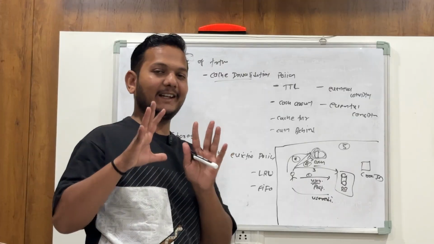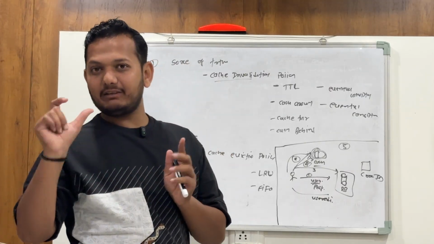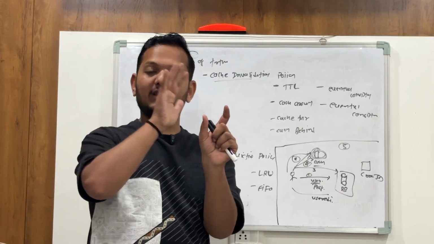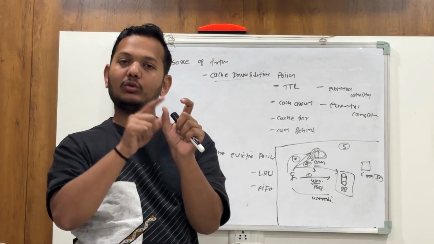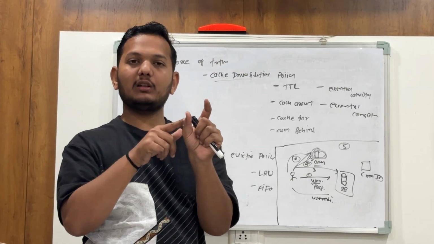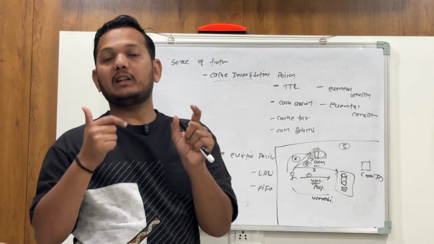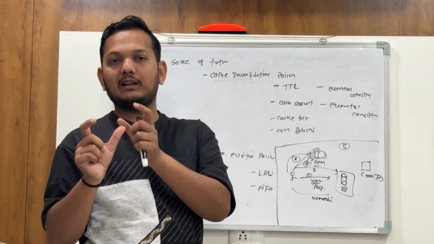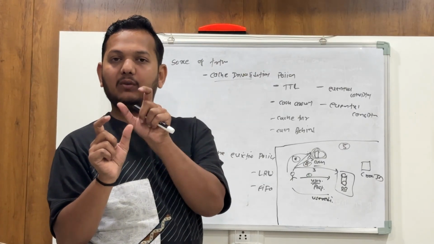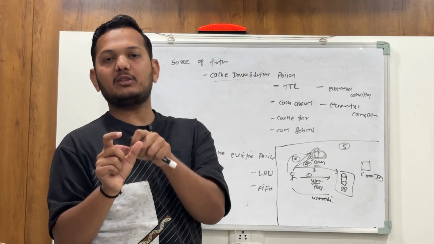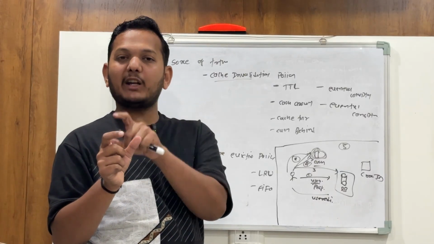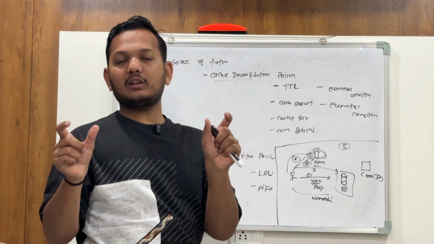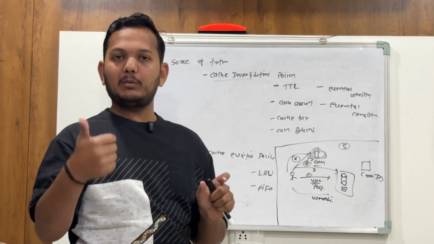Let me explain the difference. In immediate consistency, the user always gets the latest data, while in eventual consistency, the user will get the latest data, but in some cases, for some time, the user can get stale data. So that is eventual consistency, and this is immediate consistency.